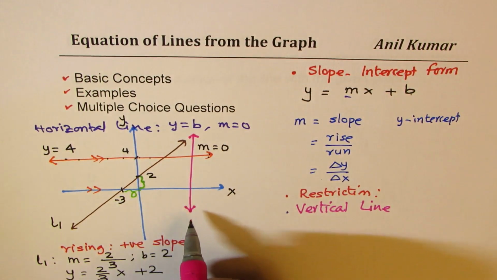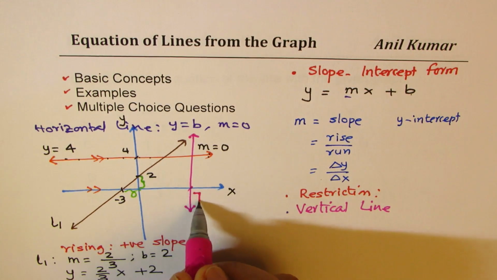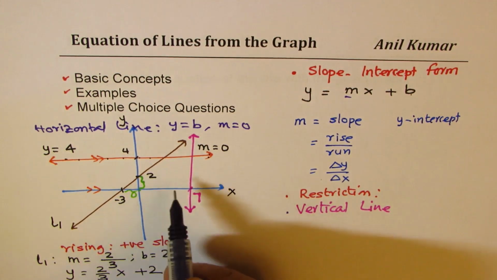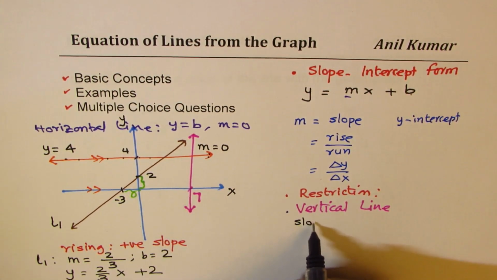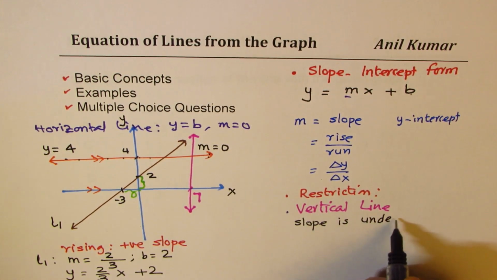Now this is a vertical line which has x-intercept. Let's call this x-intercept as 7. Now for a vertical line, as you can see, it rises but run is 0. So we know slope is undefined.